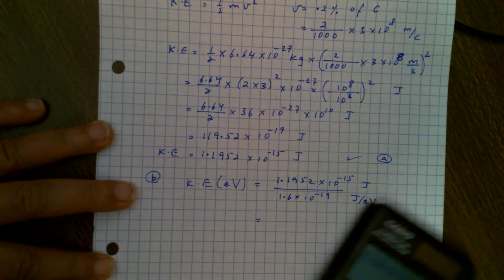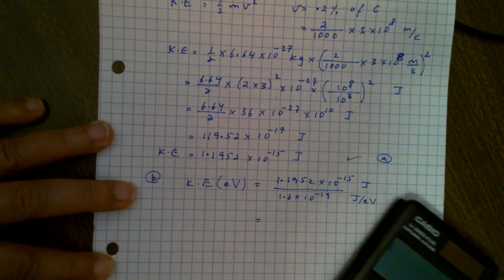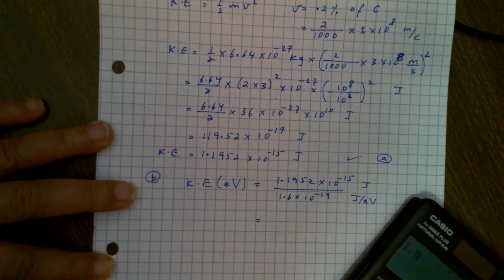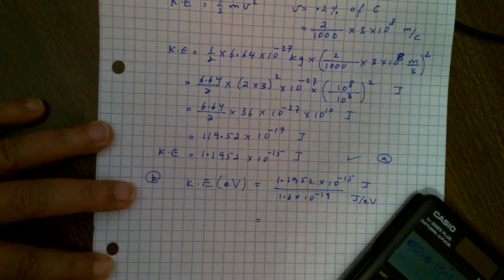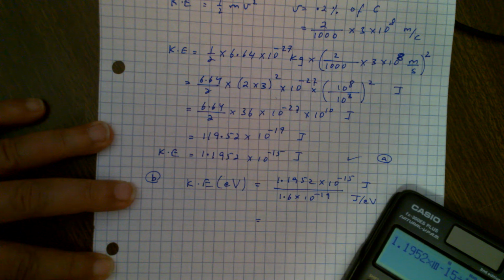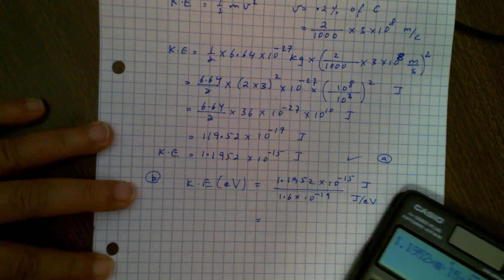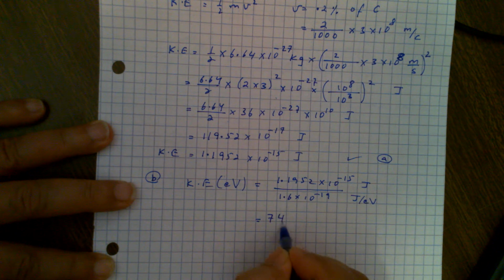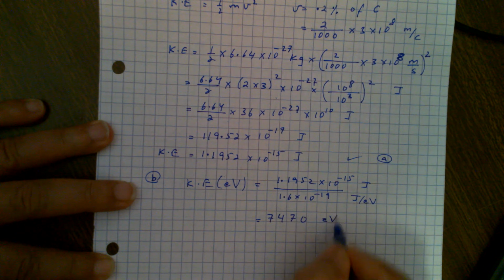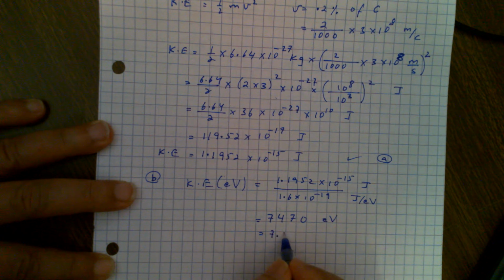So in electron volt, it is 1.1952 times 10 to the power negative 15 divided by 1.6 times 10 to the power negative 19, and the answer is 7470 electron volt, or 7.47 times 10 to the power 3 electron volt, as I move the decimal place 3 places.